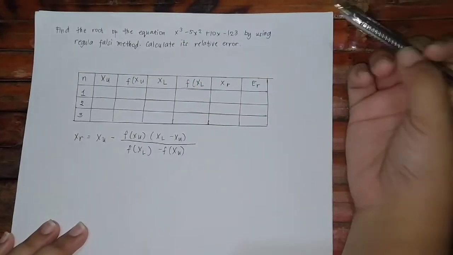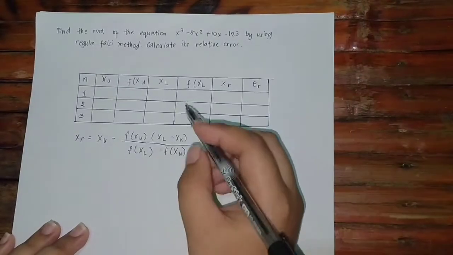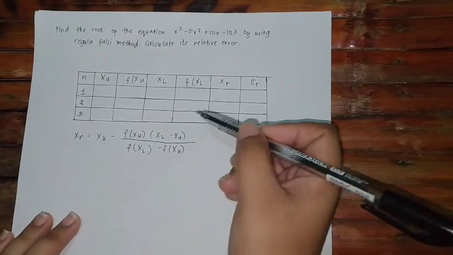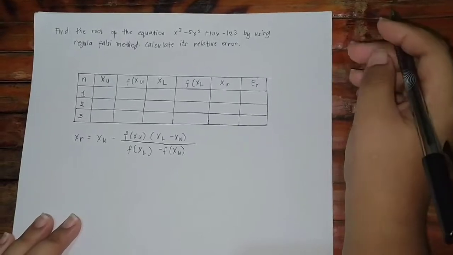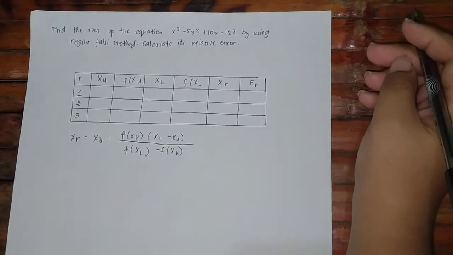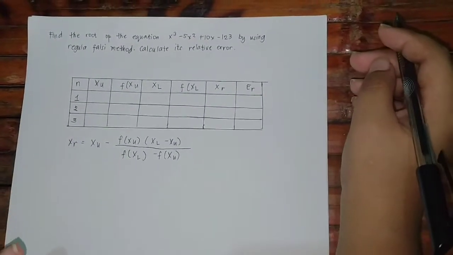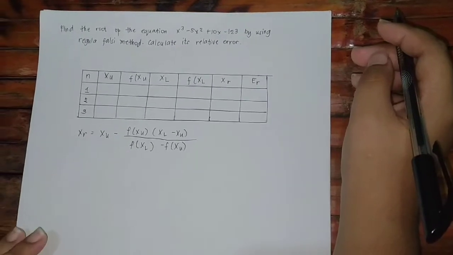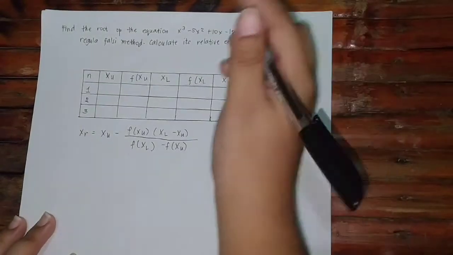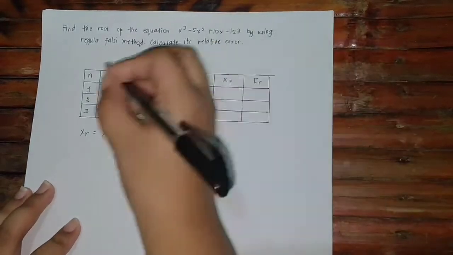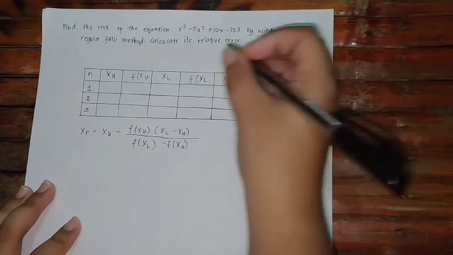So, in the first iteration, we will first assume two numbers that will have a negative and a positive value. First we will use the number 9.